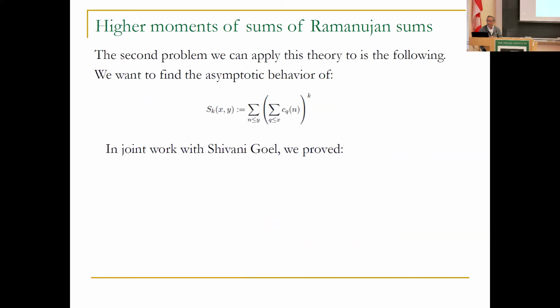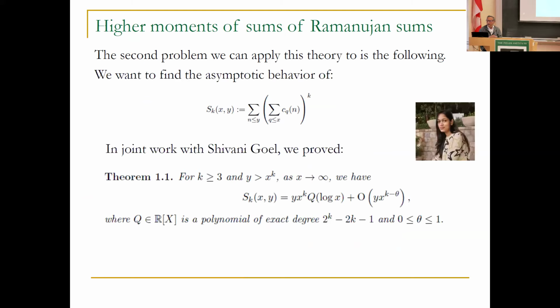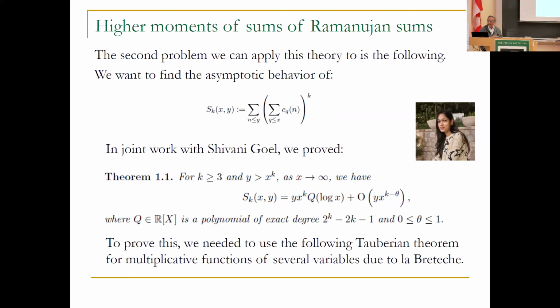What we showed is that the asymptotic behavior is something like x to the k, times an important factor Q of log x, where Q is a polynomial of exact degree 2^k - 2k - 1. And to prove this, we needed to use a multivariable version of the Tauberian theorem that I had outlined at the very beginning, due to La Bretèche.